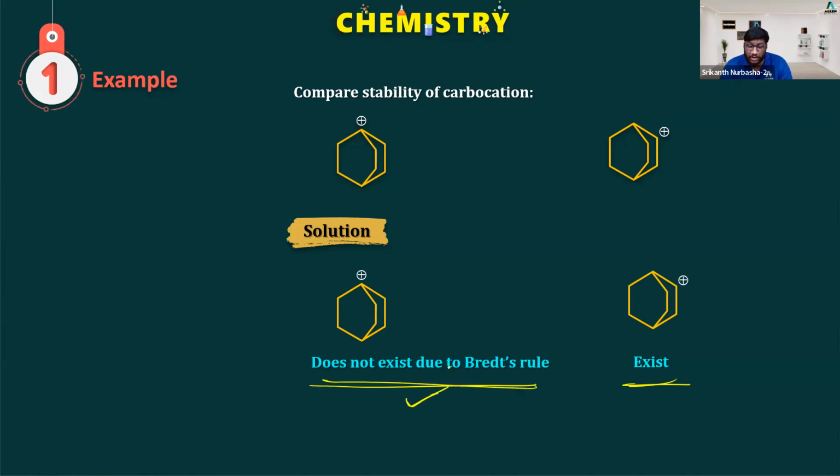Bredt's rule is important because if you don't know it, you will write the positive charge at the bridgehead carbon and say it has more alpha hydrogens, which is not possible. As planarity is never achieved, we cannot have hyperconjugative structures either, because the bonds go out of the plane and resonance is not happening. So the stability order will be B greater than A.